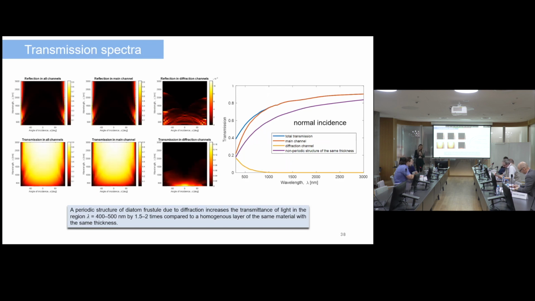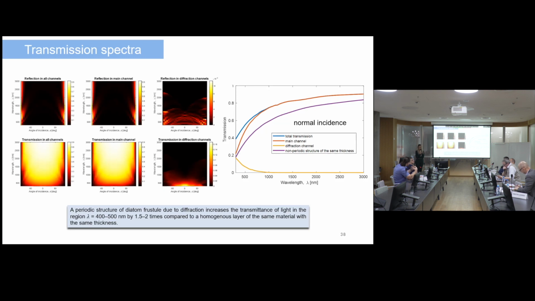So I would like to challenge this explanation in the following way. Can this enhancement of transmission be explained just by the fact that when you drill holes in a very thin slab, you can effectively reduce the effective refractive index of the slab because you remove the material, right?